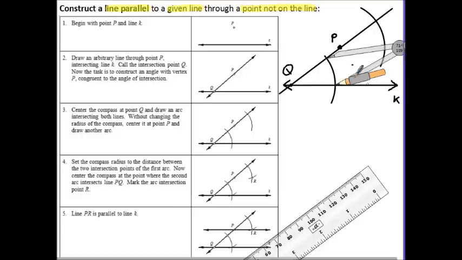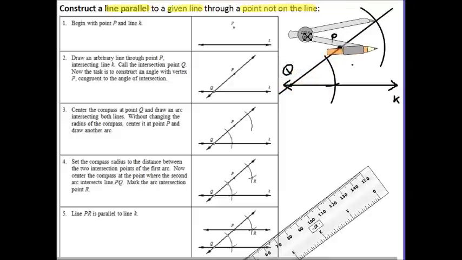And in order to see that we have measured that right, we're going to draw a little arc here, and that should go through our intersection point. And now we're going to move our compass to the other intersection point. Needed to flip my compass around here for a second.